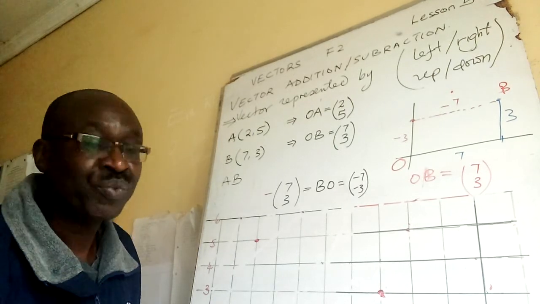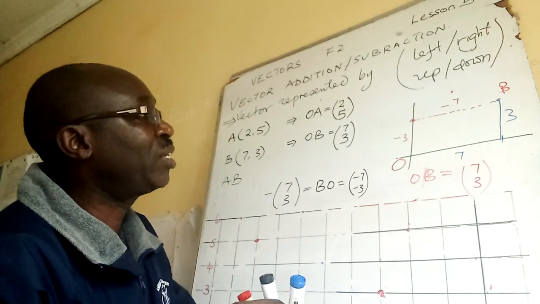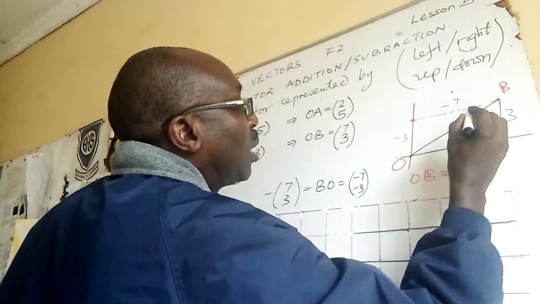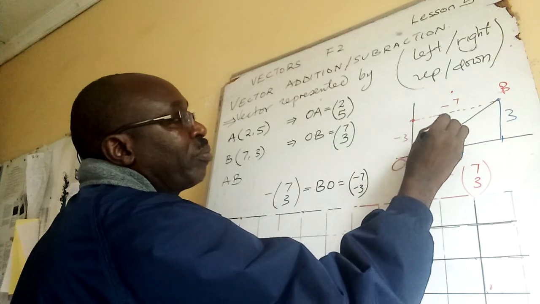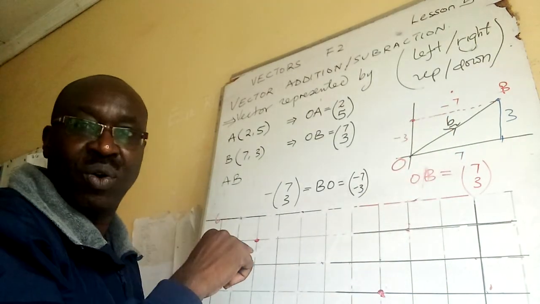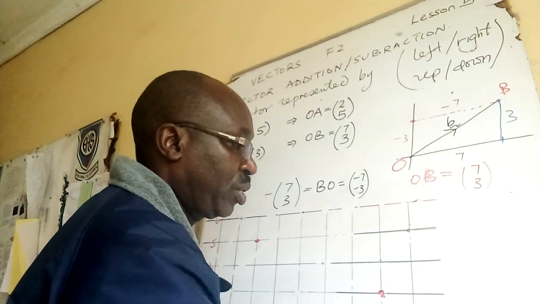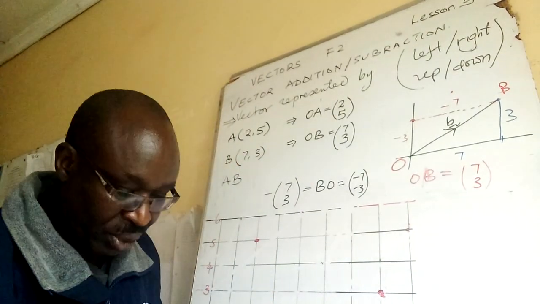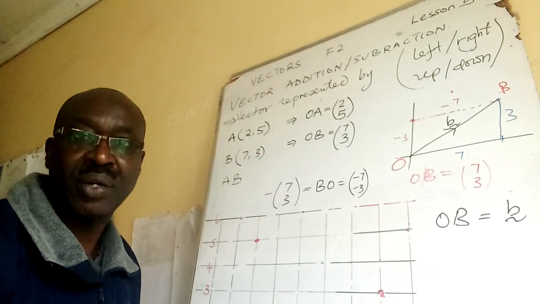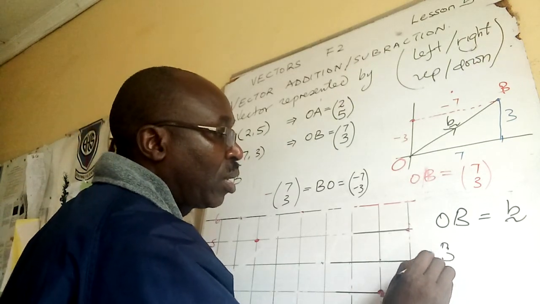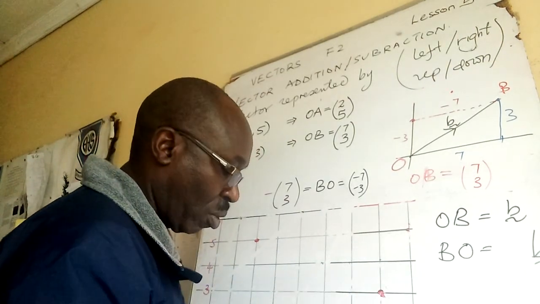That's why we can write this. If OB is vector B, then BO is equal to the opposite.